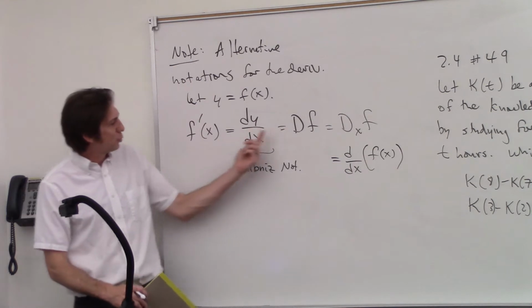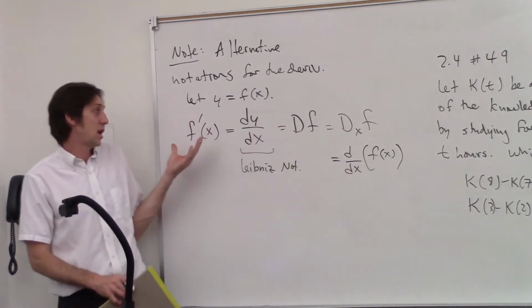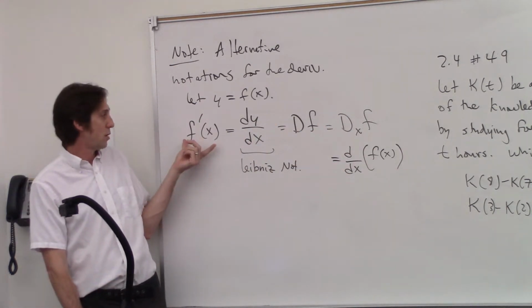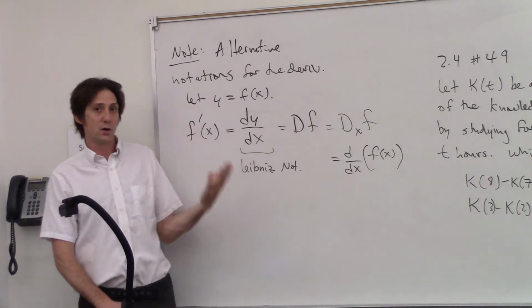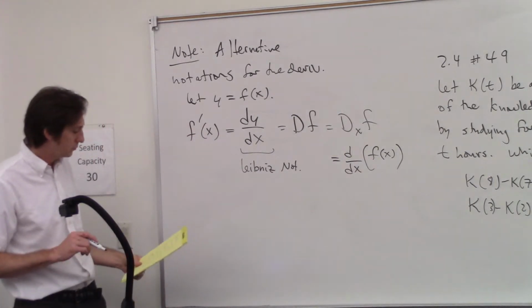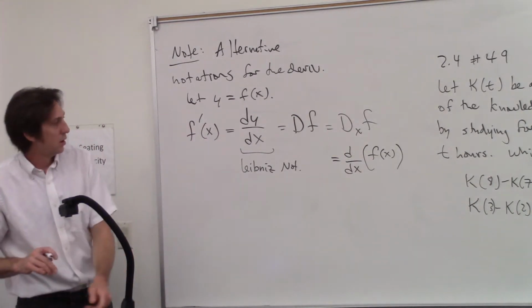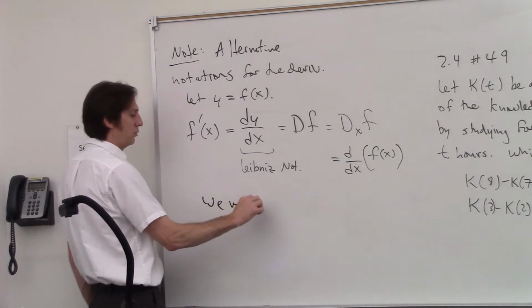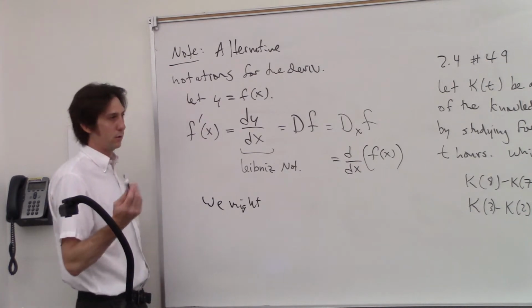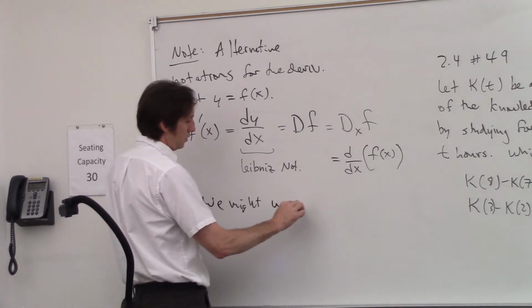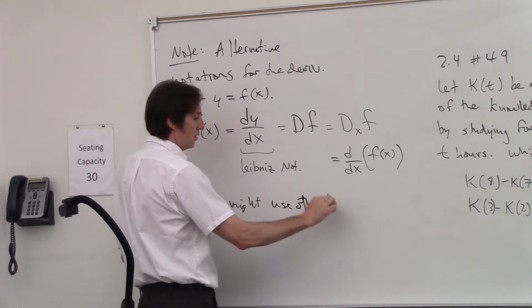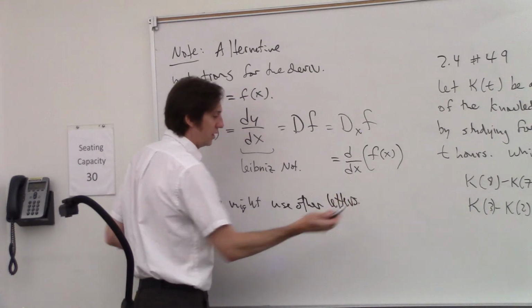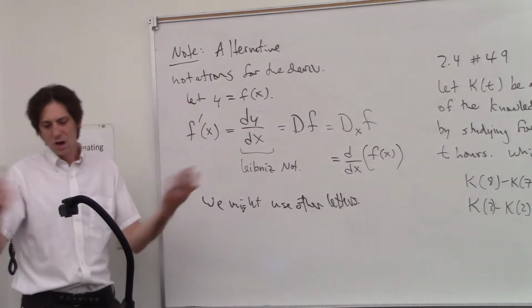Any of these expressions can be used to represent the derivative of the function f. They also talk about how we might use other letters when we're talking about derivatives, just like we do when we're talking about functions.